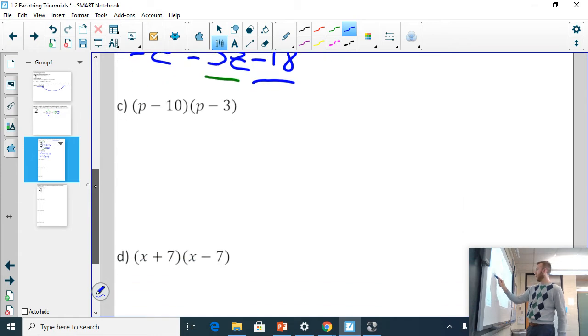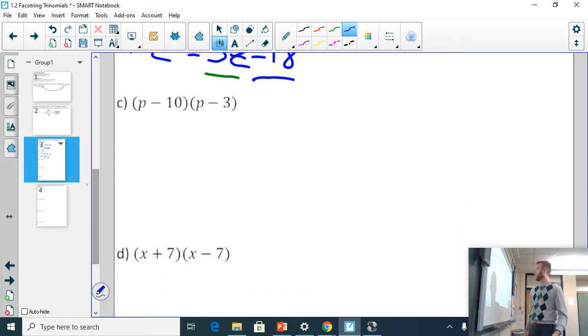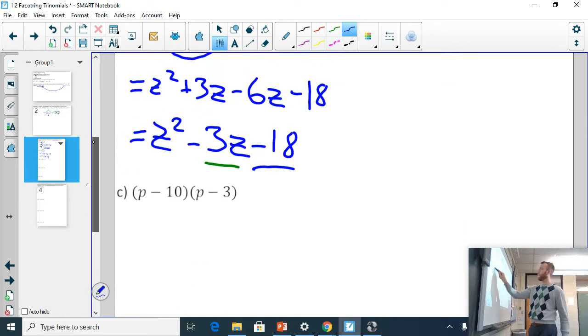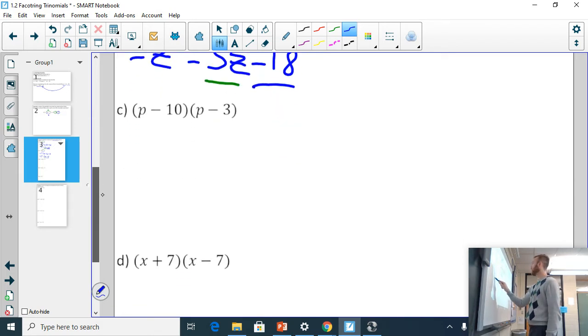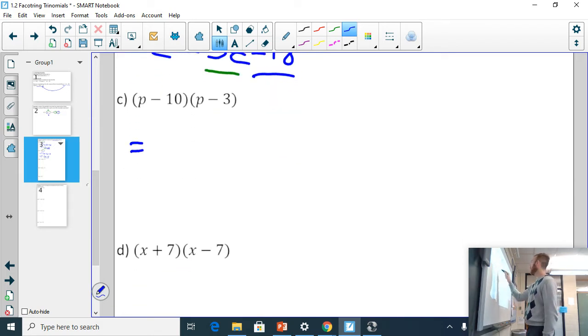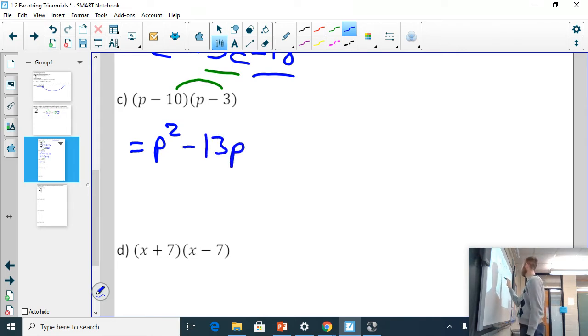So now I want us to use this pattern so that we don't need this middle step anymore. Let's just go straight there. I know I'm going to get p times p, which is a p squared. And now I know that middle term is these two things added together. So negative 10 plus negative 3 is going to be minus 13p.